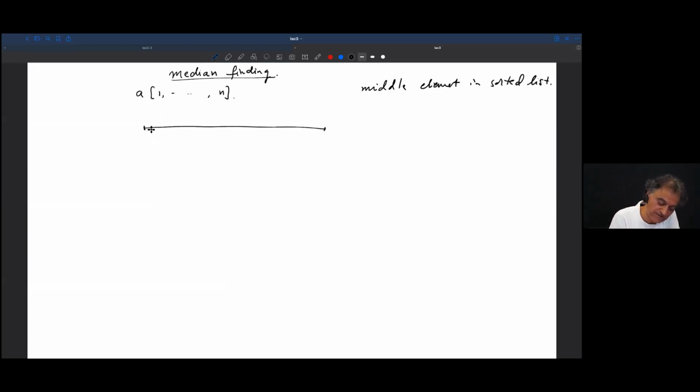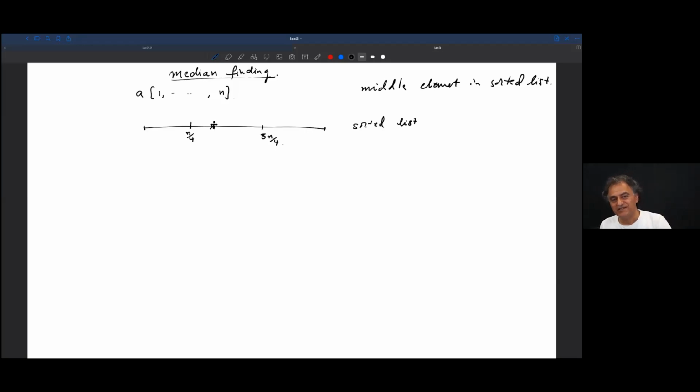So we take this list A. And now suppose that I could pick out some element between n over 4 and 3n over 4 in the sorted list. So let me think of this as the sorted list, which we don't have. But suppose I could reach in and pick out some element somewhere in here.